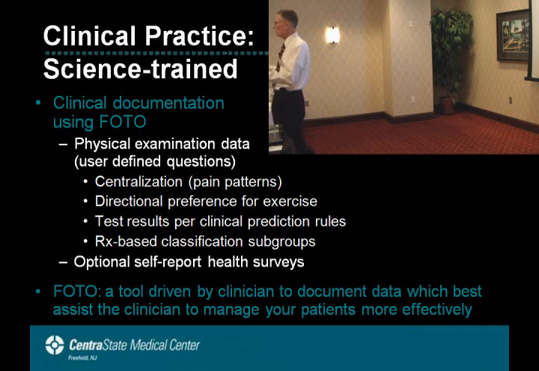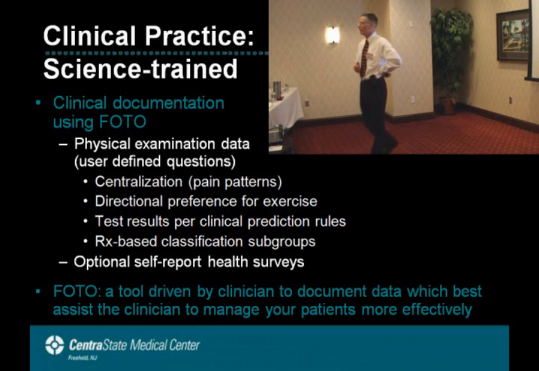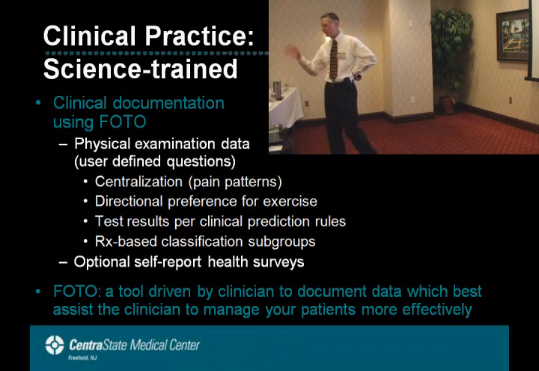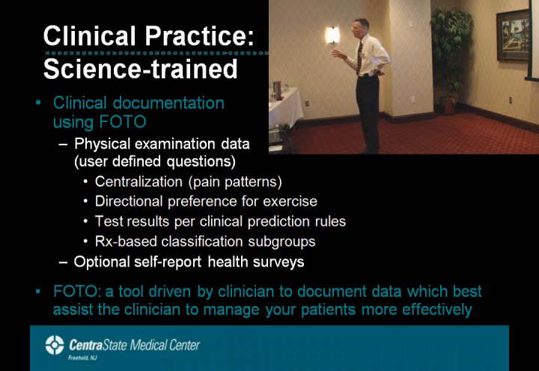Again, I'm documenting all of this information because I would like to see more data collected to drive risk adjustment. Maybe centralization is more important than the amount of physical activity or their age. No, not really, but just as an example, there may be important use for clinician-driven data to change the risk-adjusted model. So let's collect that data and let's analyze it.